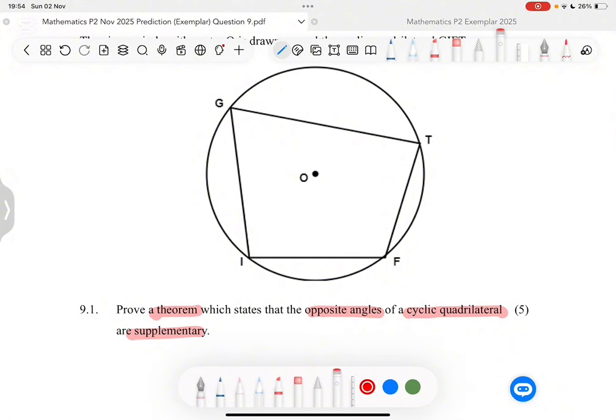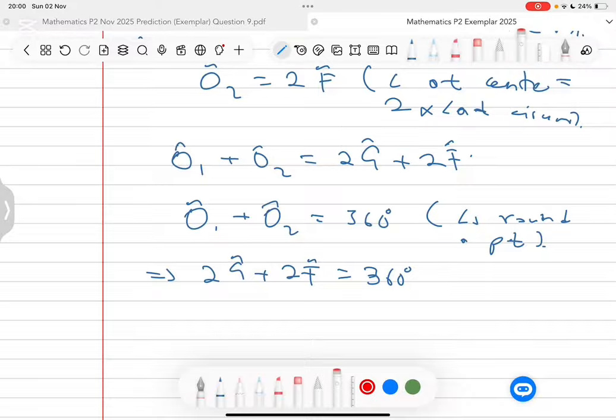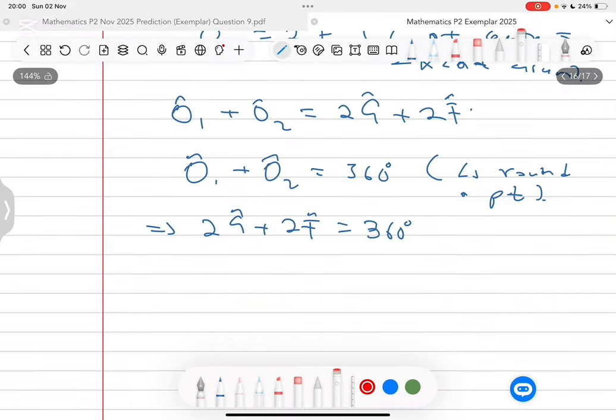Because remember, this is O1 plus O2, and O1 and O2 are equal to 360 degrees. This is very helpful because now when we simplify this, you will notice that I can take out the common factor so that I have angle G plus angle F. Remember, if you bring the 2 back here, you'll get the 2F, and if you bring the 2 there, you'll get the 2G and the 2F respectively.